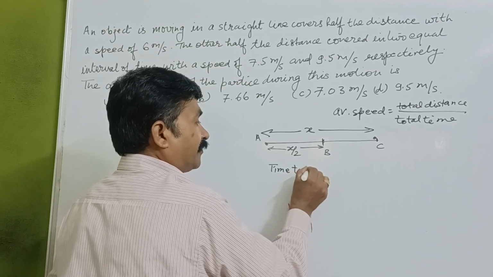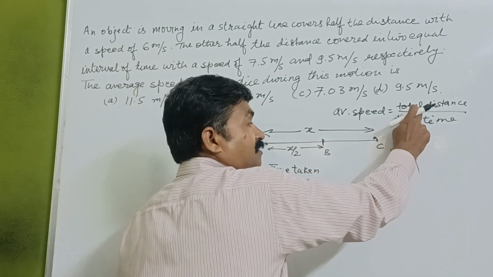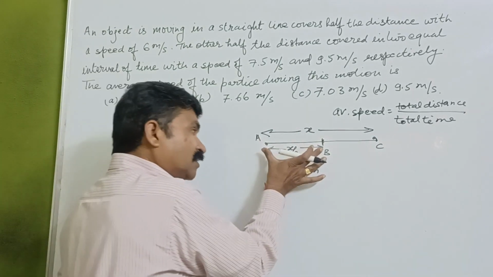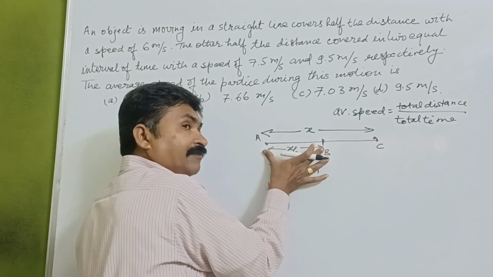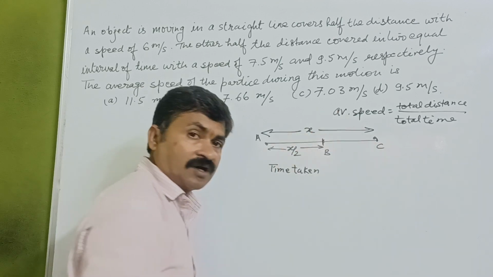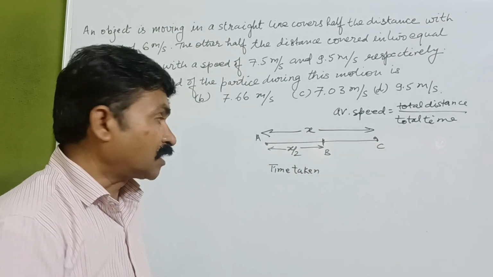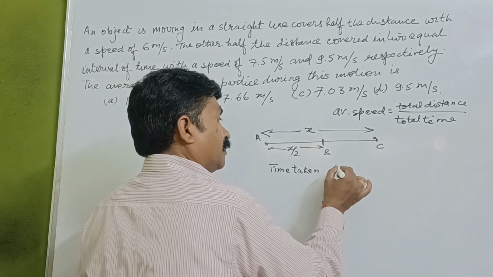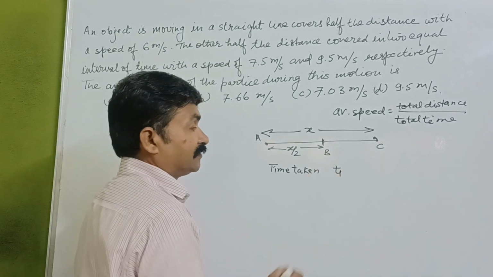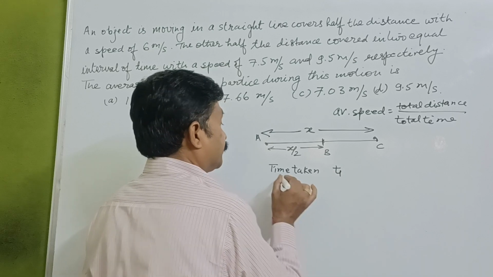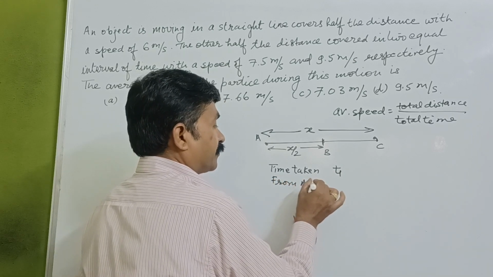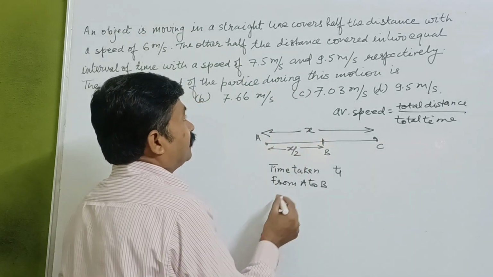What we need to know is the total distance and the total time to cover it. The total distance is x. Time taken from A to B we assume as t1.